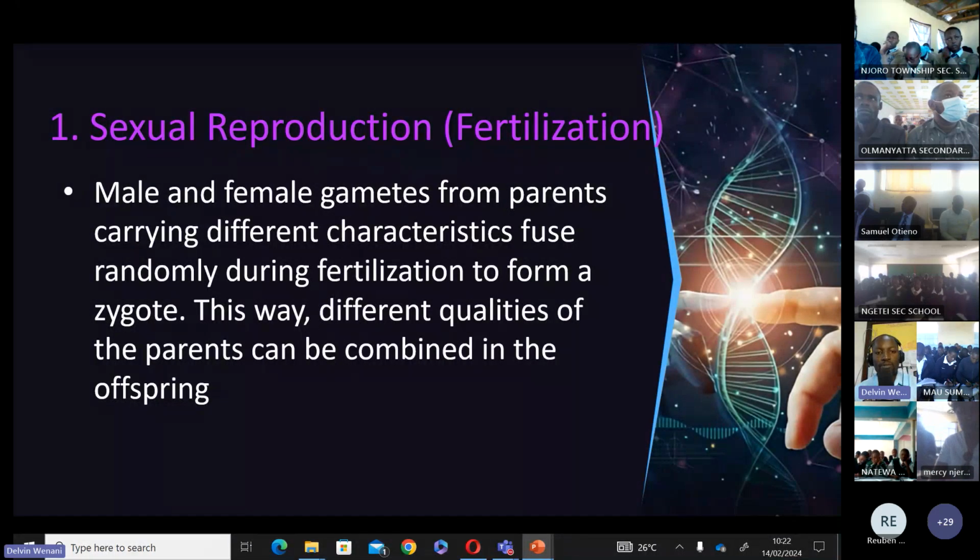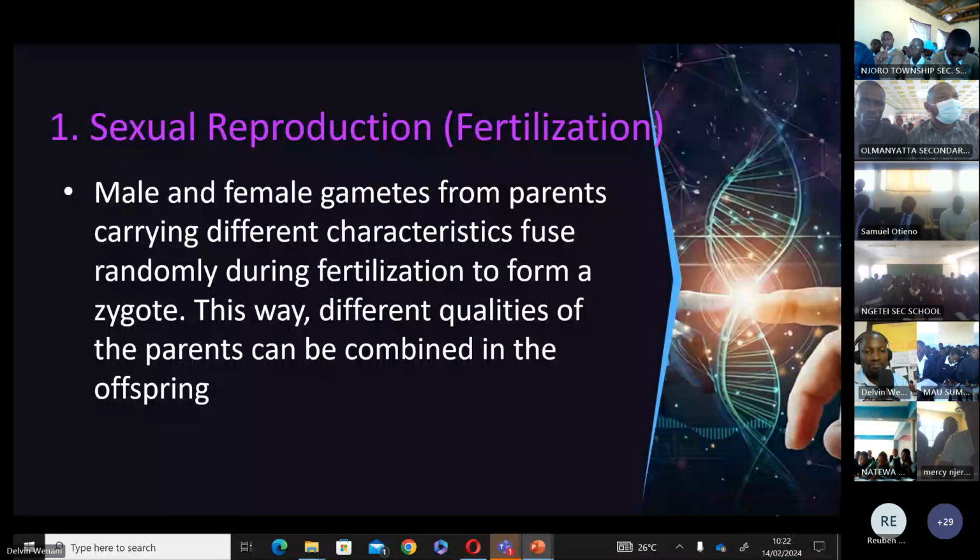And we all know that each of the gametes from the male and the female carries different characteristics from the respective parent. As these gametes come together and fuse, and remember the picking is random, they form a zygote.